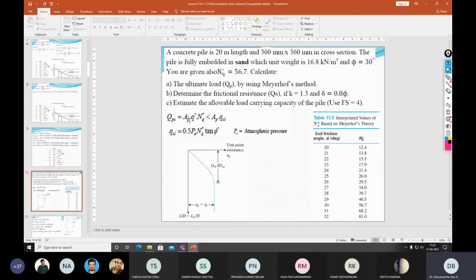When you calculate the point bearing capacity, as Meyerhof's theory states, it increases linearly up to a depth of L by D critical, and thereafter it becomes constant. Here you can see in this slide, QP is equivalent to QL after L by D becomes critical, which can be taken approximately as 15 to 20 times D.